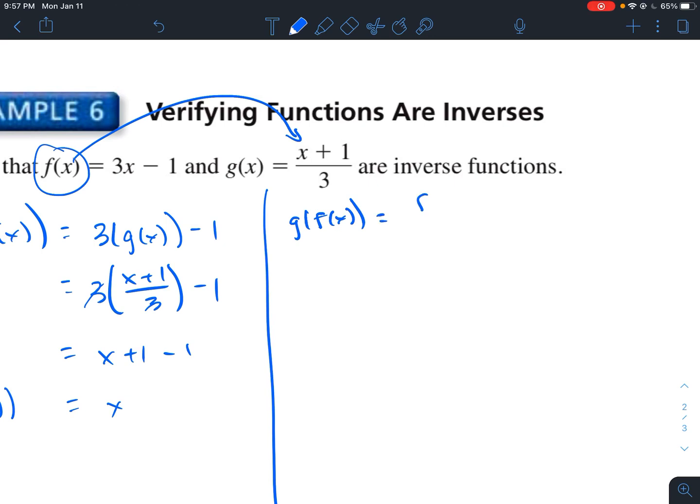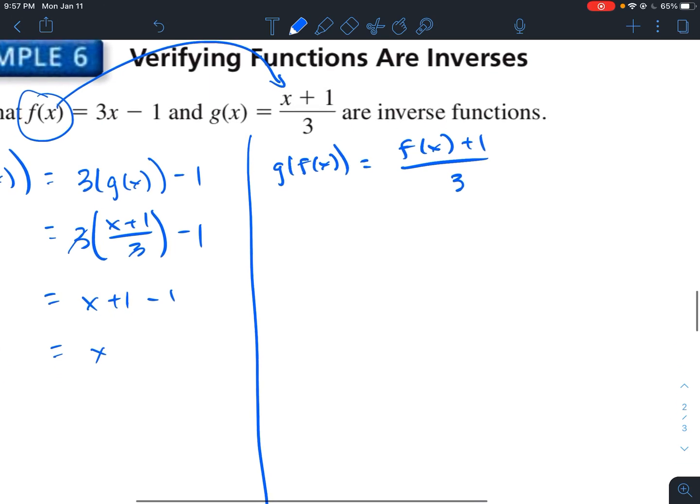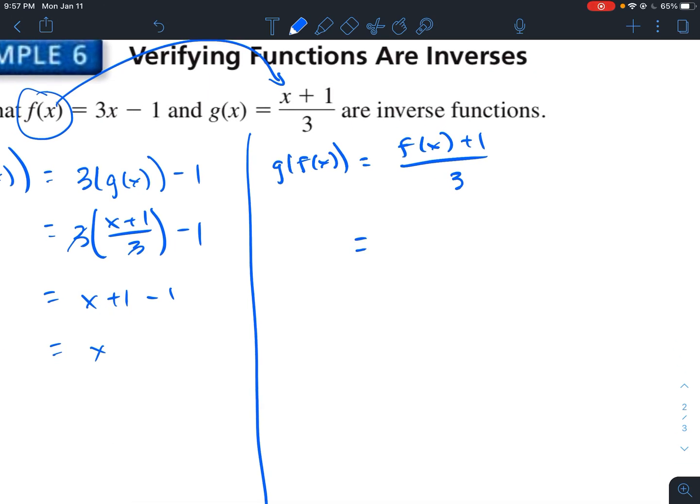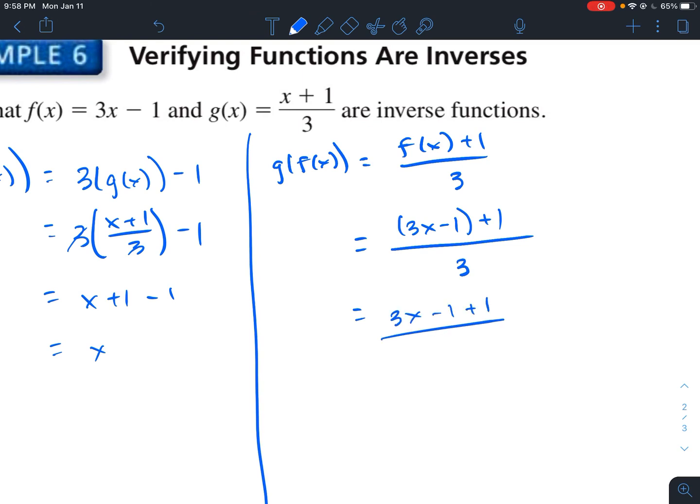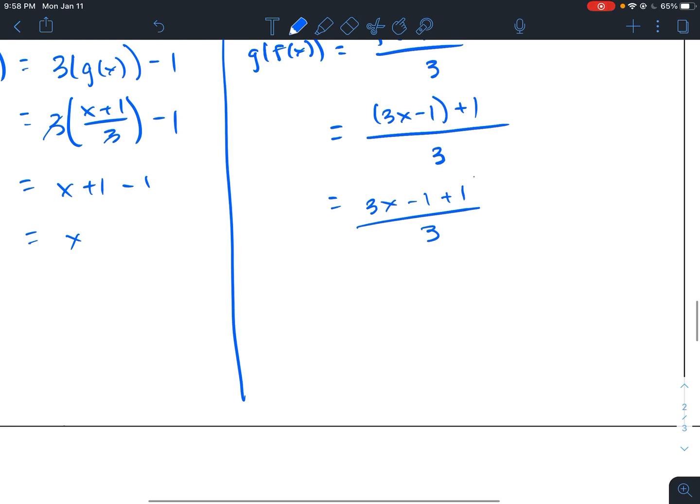So this would be equal to f of x plus 1 divided by 3, which is equal to, now f of x is just 3x minus 1, so 3x minus 1 plus 1 divided by 3. These cancel, so it's equal to 3x divided by 3, and that's equal to x.